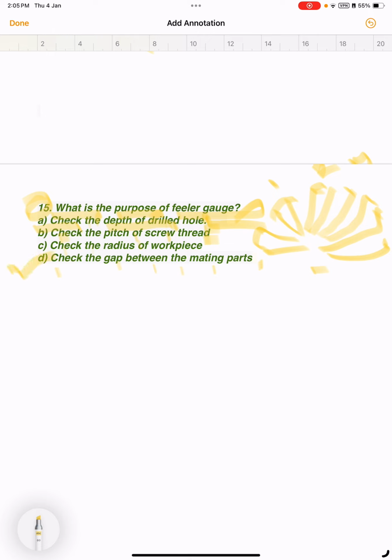Commonly, this one is the answer: gap between mating parts. We check the gap between two different mating parts, and how much gap is there can be identified with the feeler gauge.